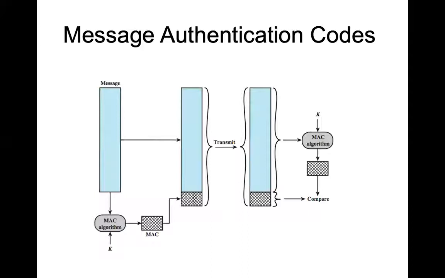Pictorially, you take the message, which is shown in blue, and the MAC algorithm always produces a fixed size block, which is shown by this hatched block. The MAC algorithm, of course, takes a key. That key is shared between the sender and the receiver. So it's very similar to symmetric key encryption. But it's not encryption, right?